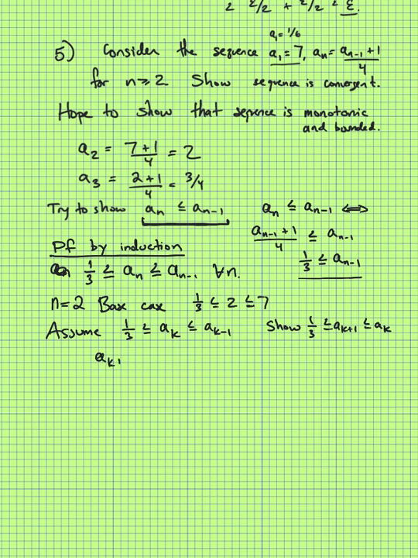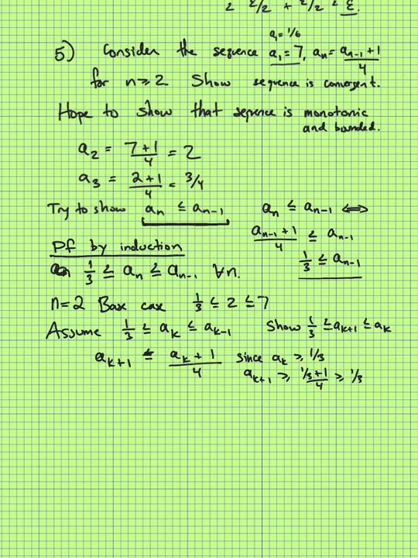So a_(k+1) is equal to a_k plus 1 over 4. Since a_k is greater than or equal to 1/3, we have a_(k+1) is greater than or equal to 1/3 plus 1 over 4, which is precisely 1/3.